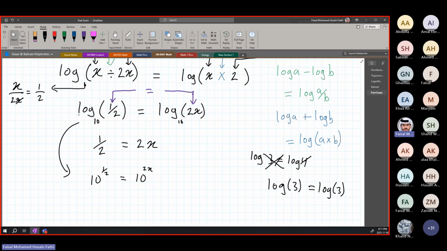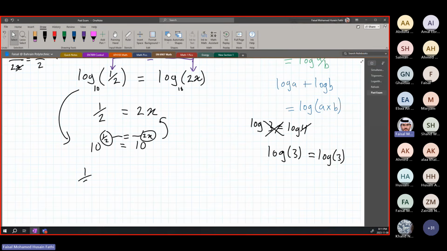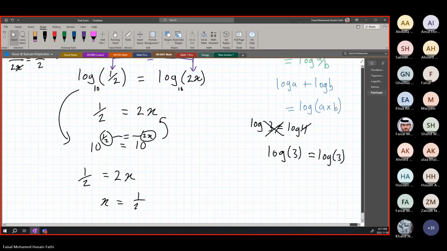Same logic exactly. The half has to be equal to the 2x. So we will come back to this equation anyways. Like I said, half is equal to 2x. We just solve for x. X is equal to half divided by 2, which is half times 1 over 2, which is equal to 1 over 4.